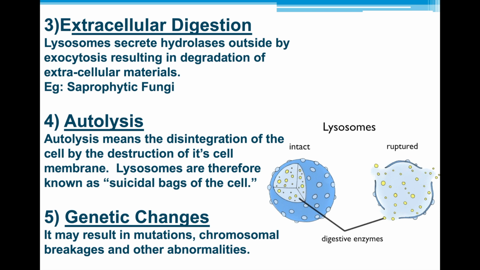Sometimes the digestive enzymes may end up damaging the lysosomes themselves, and this can cause the cell to die. Therefore, lysosomes are also known as suicide bags of the cell.